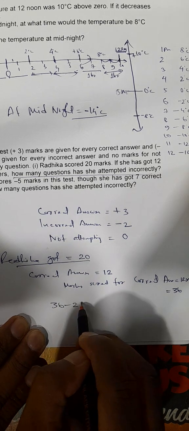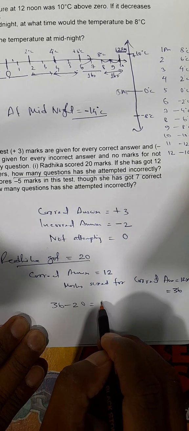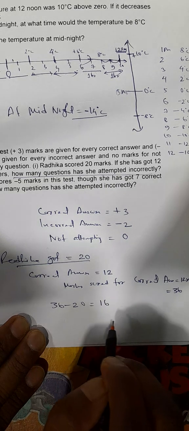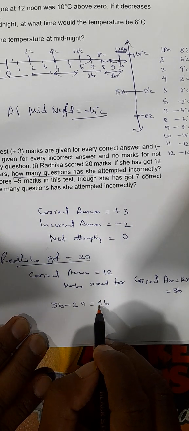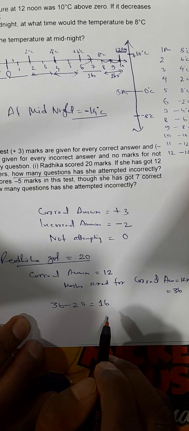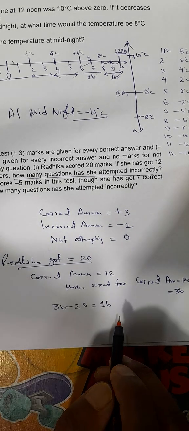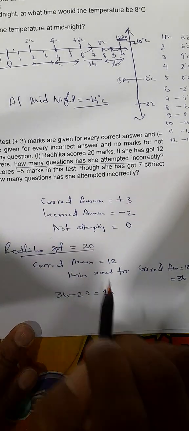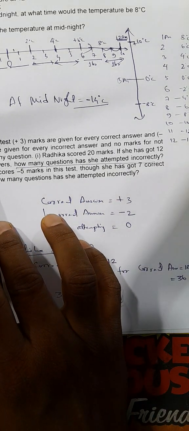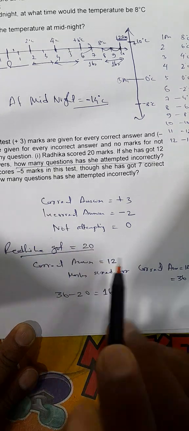36 minus 20 equal to 16 marks. That means for 16 marks she attempted questions but her answers were incorrect. Now for every incorrect answer she will get -2 marks.